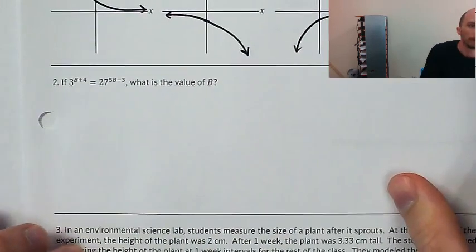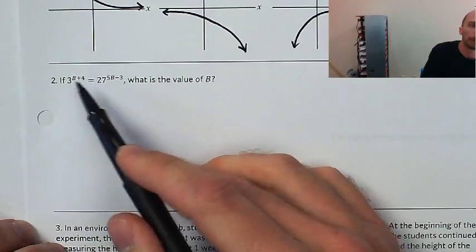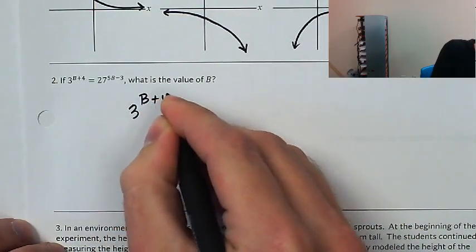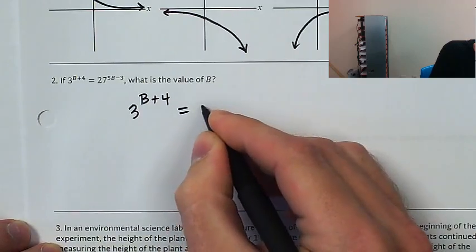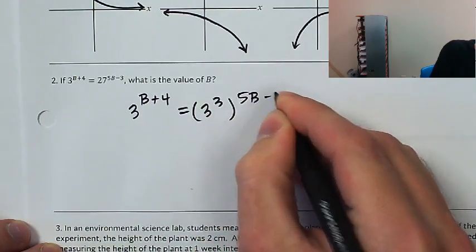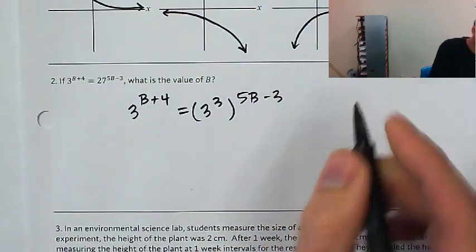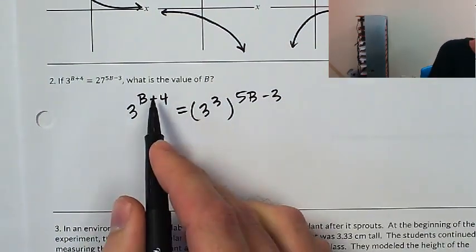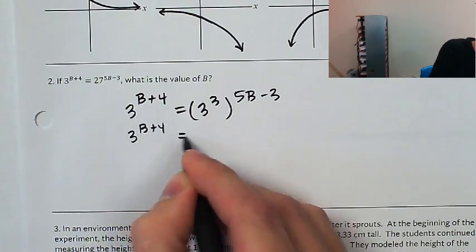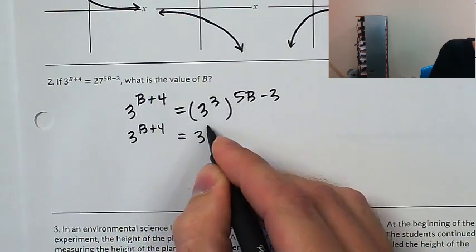Okay. This one is an exponential equation we'll be able to solve because 3 and 27 are both powers of 3. So I'll keep that b plus 4 here. And I'll write 27 as 3 cubed. Right? And then I need to actually multiply these exponents.